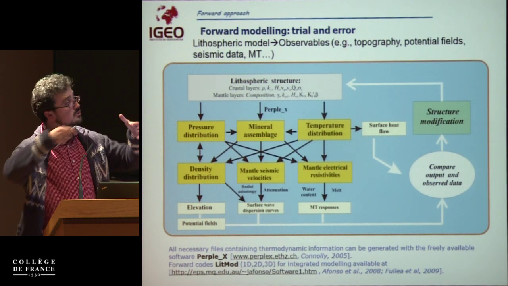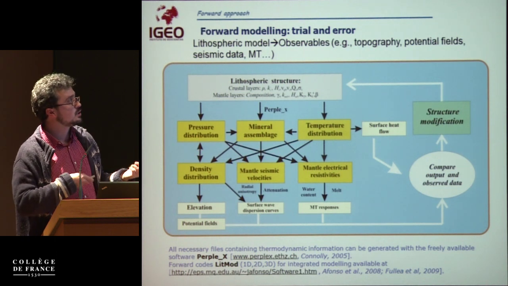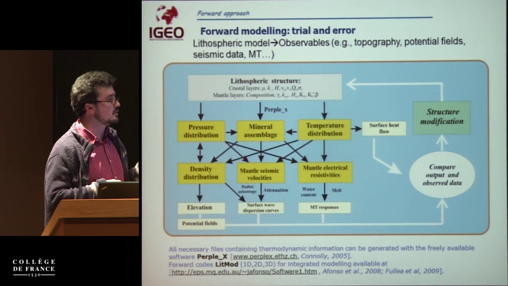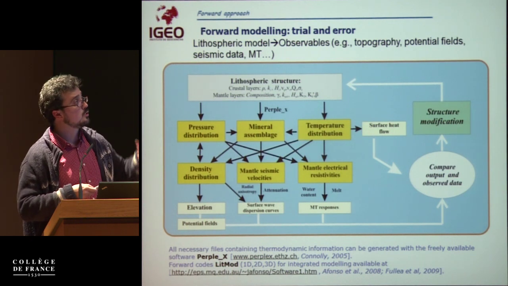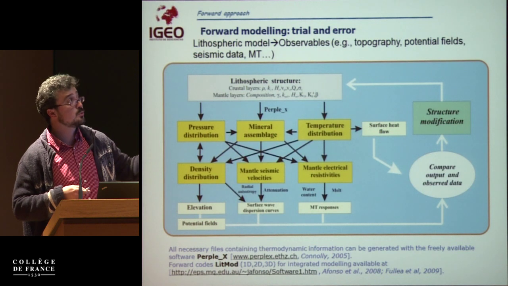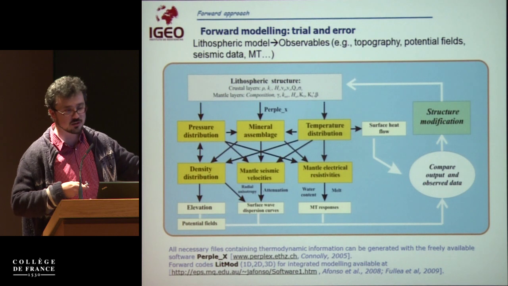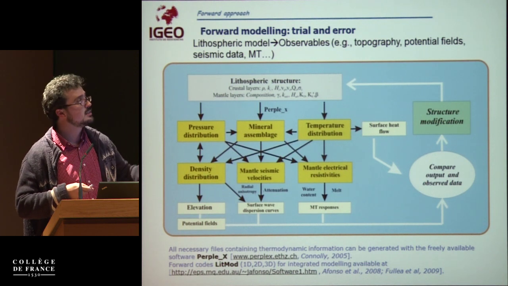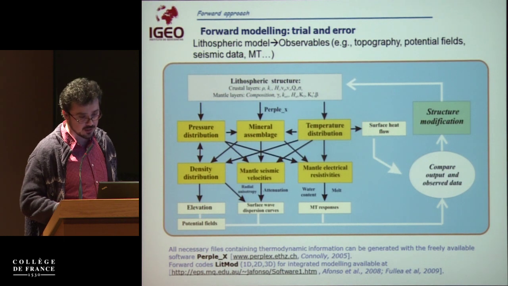Once you have this information in the volume that you're modeling, you can compute the geophysical observables. For instance, topography data, or gravity anomalies, gravity gradients, MT data, and so on. So you compare those predictions with the real data, and then eventually come back to the initial lithospheric structure, modify it accordingly till you get a residual that is acceptable.